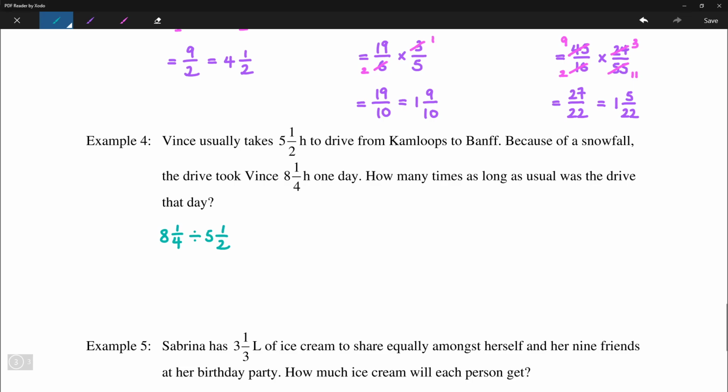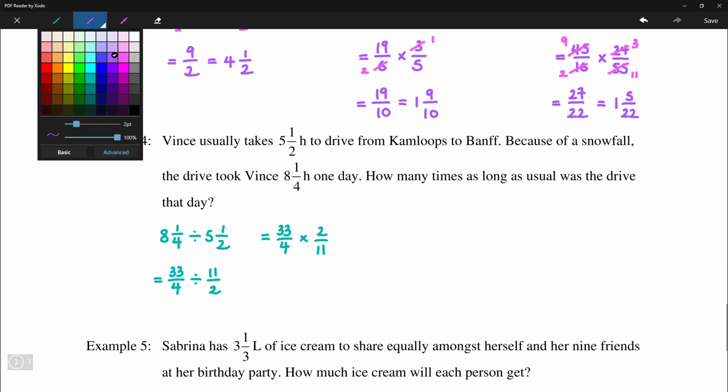So we're going to rewrite these as improper fractions. 8 times 4 is 32, plus 1 gives 33. And then 5 times 2 is 10, plus 1 is 11. Going to rewrite this as a multiplication question, as usual. So this would be 33 quarters times 2 over 11, which again simplifies.